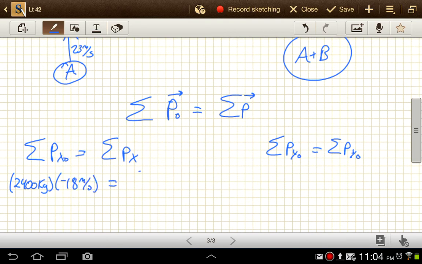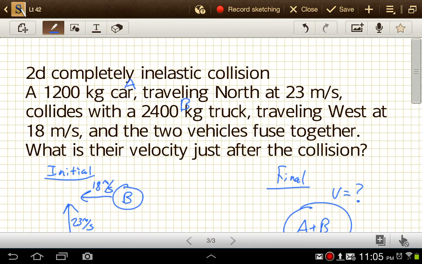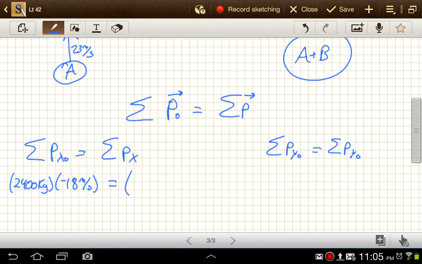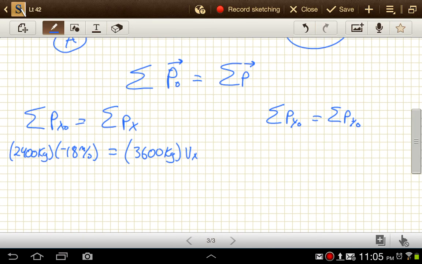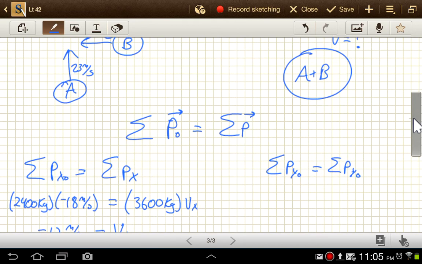And that has to equal the total momentum at the end, which is going to be one large object with a mass of 1,200 plus 2,400, so that'd be 3,600 kilograms, times its velocity in the x direction. So now we can multiply the 2,400 by the negative 18 and divide both sides by 3,600, and we get negative 12 meters per second as our velocity in the x direction.